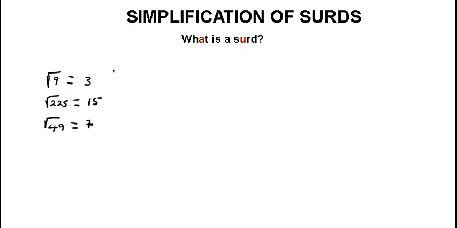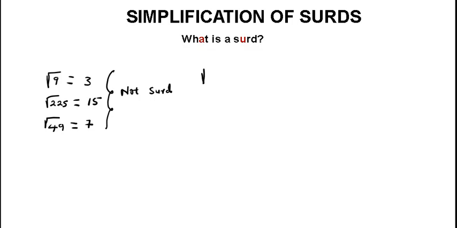So all these examples are not surd. And why are they not surd? They are not surd because these numbers here are square numbers. They are perfect squares.